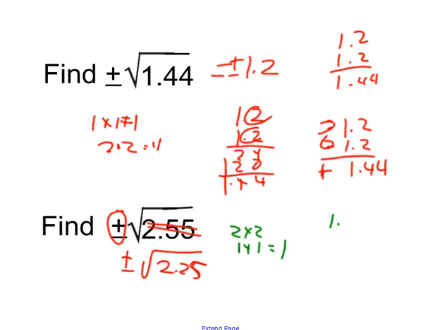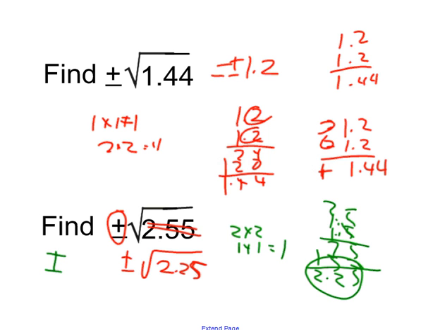We'll go right in the middle. 1.5 times 1.5 is 2.25, with the 2 decimal points here. So my answer is going to be plus or minus 1.5. So 1.5 is one answer and negative 1.5 is the other. Both of those are correct.